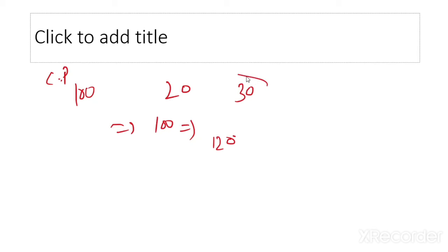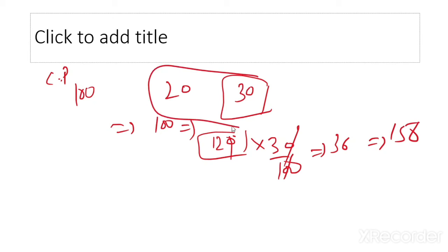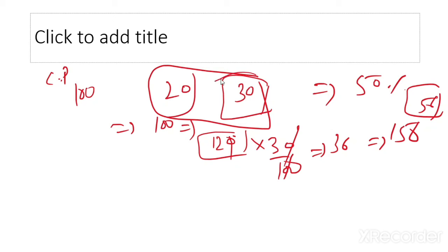Then you are gaining 30% at 120. Okay, that is successive. 120 into 30 divided by 100. ठीक है, ऐसे होगा, और ये 36 रुपये गेन होगा, टोटल SP होगा 156. It means 20 plus 30 doesn't mean 50%, it will be 56%. Okay, means first you are calculating 20%, then 30%, or you can do it by another way too.